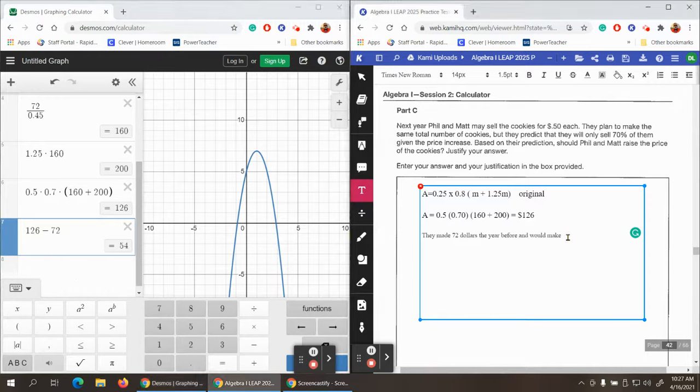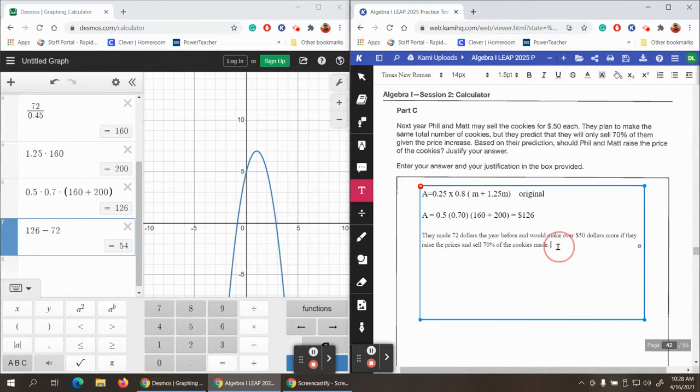So they would make over $50 more if they raise the prices and sell 70% of the cookies made.